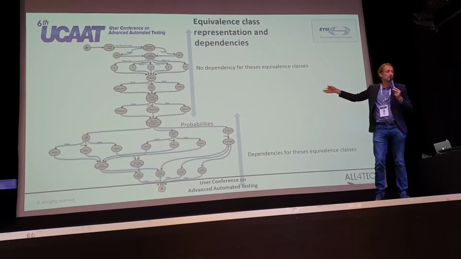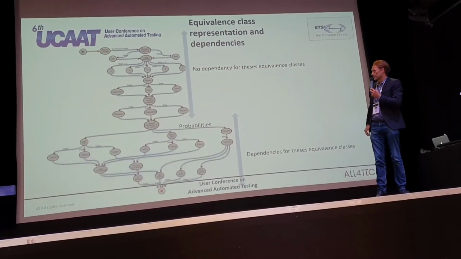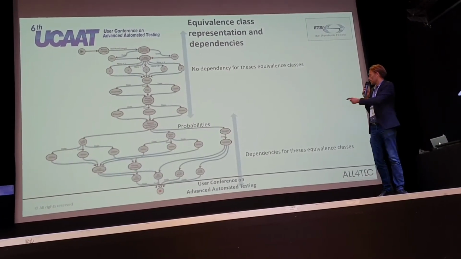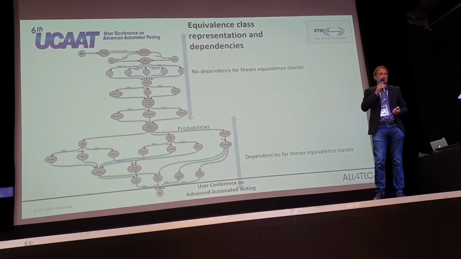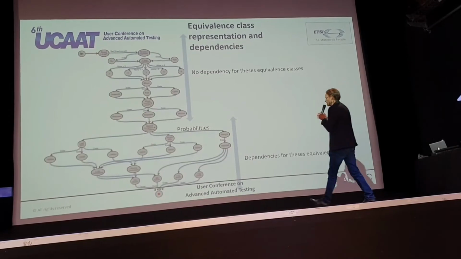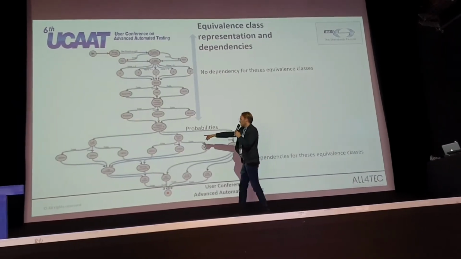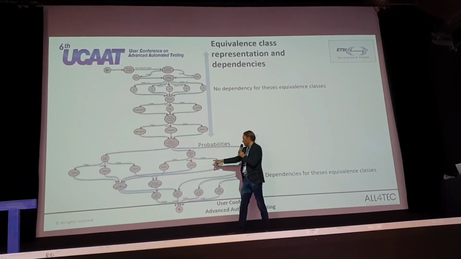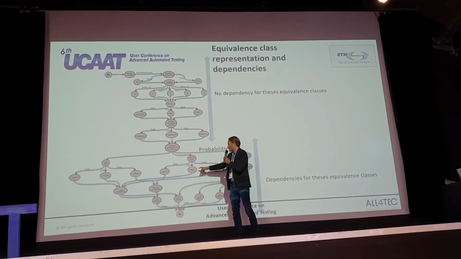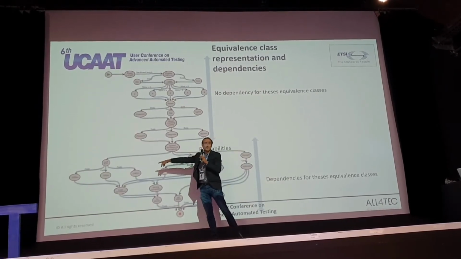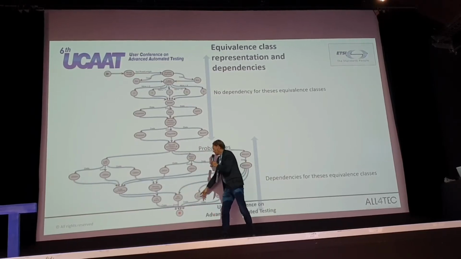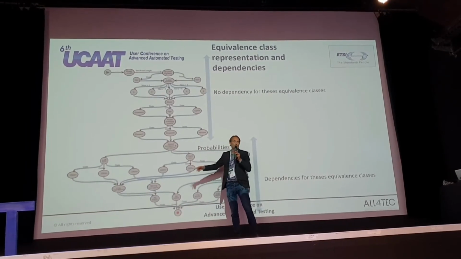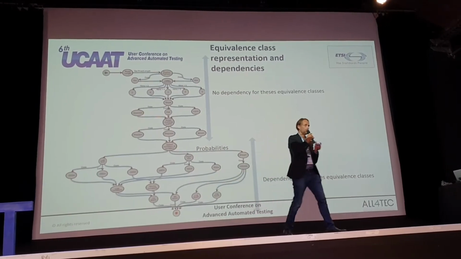There are no dependencies among these equivalence classes, but in the bottom part, you have dependencies between two classes. For example, here, if you have a right turn, you will have a positive radius, but in a left turn, the radius is negative. And then the speed limit depends on the radius. So you can link the equivalence classes together.